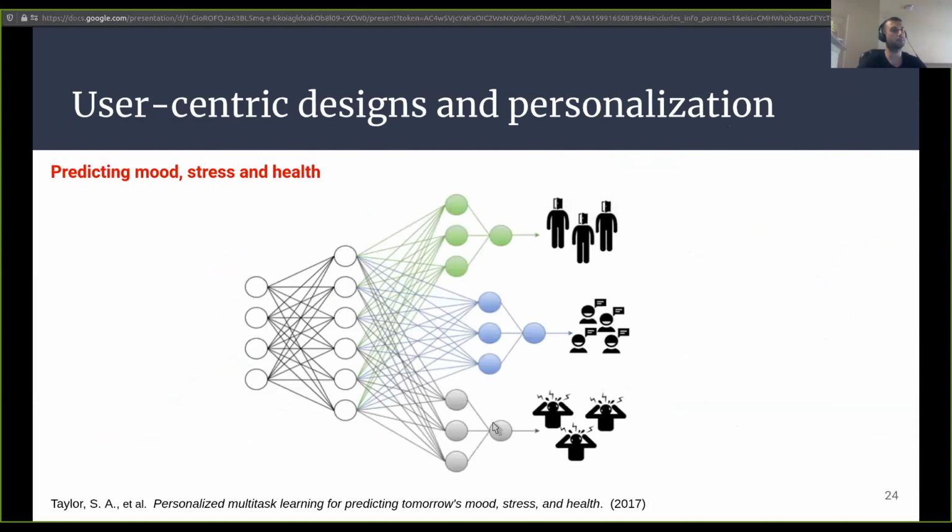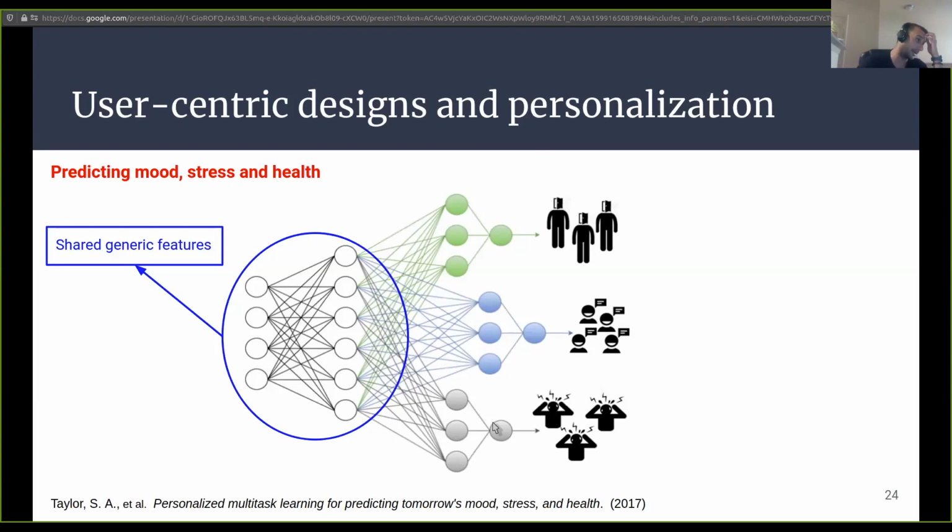So a more modern approach on building personalized models and learning more personalized insights is this approach, which is probably one of the more popular approaches on personalization and machine learning at this point, where it's a deep learning based approach where you have the first layers of the model learning more generic features that are being applied across all different groups.